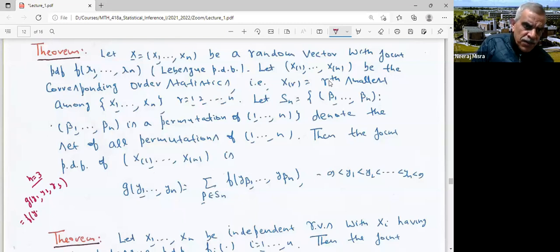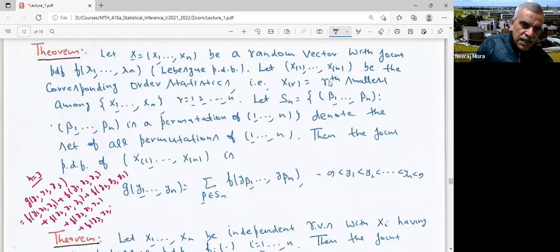So it will be f of y1, y2, y3 plus f of y1, y3, y2 plus f of y2, y1, y3 plus f of y2, y3, y1 plus f of y3, y1, y2 plus f of y3, y2, y1.